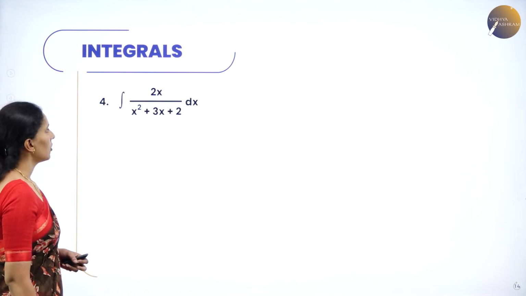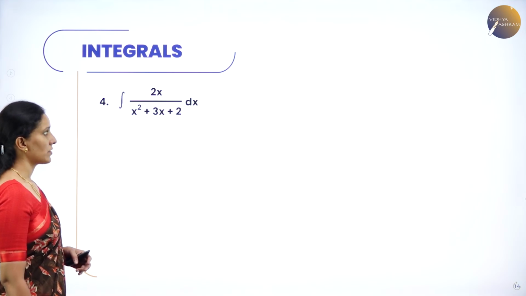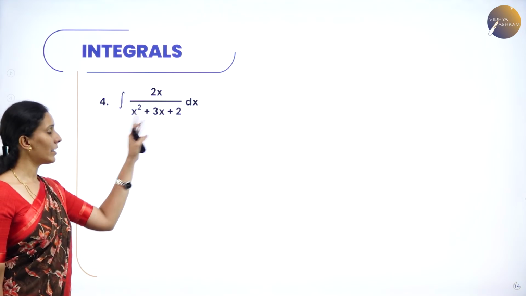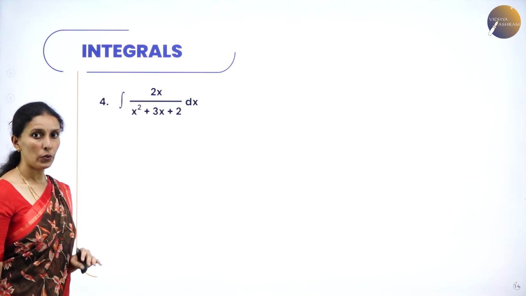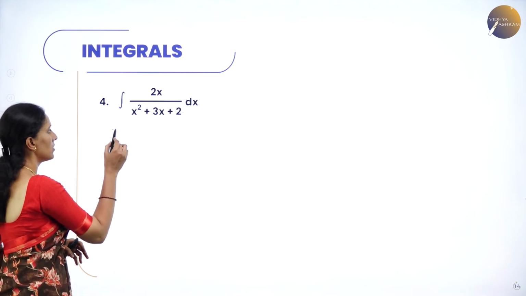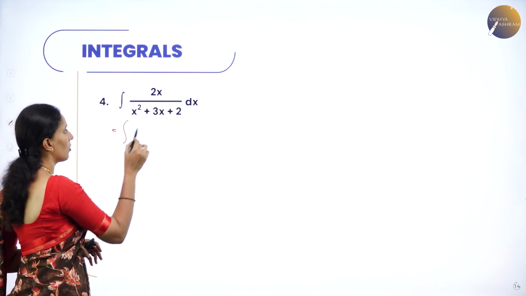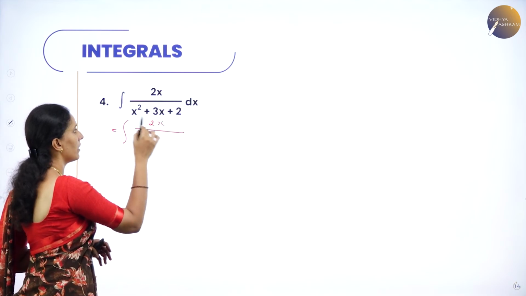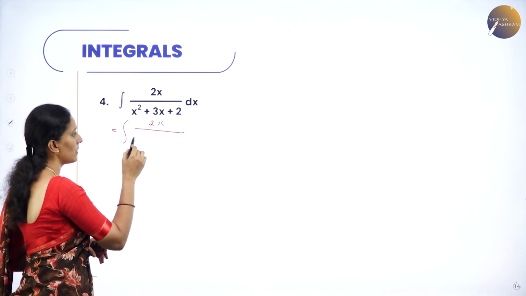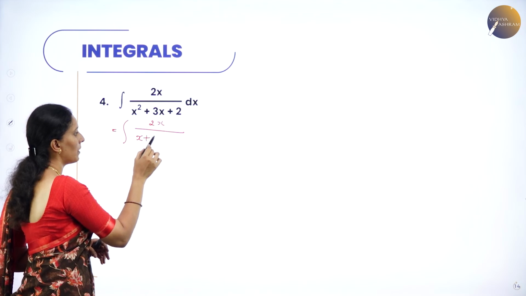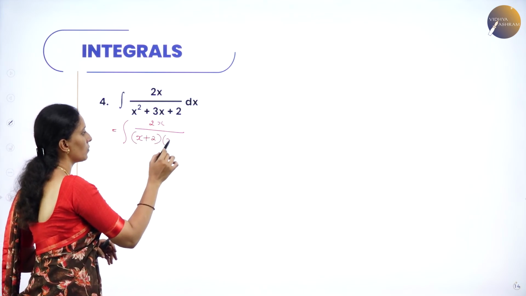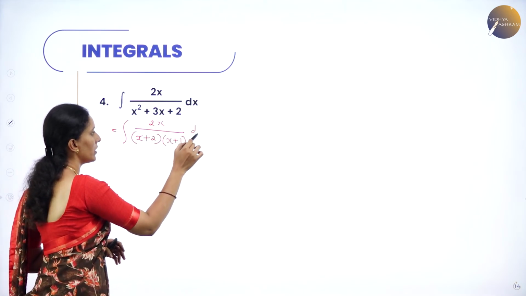Next one, integral of 2x divided by x square plus 3x plus 2. Whenever any quadratic expression is given, split it into simple linear factors. So the integral of 2x divided by x square plus 3x plus 2 can be written as the integral of 2x divided by (x plus 2)(x plus 1) dx.